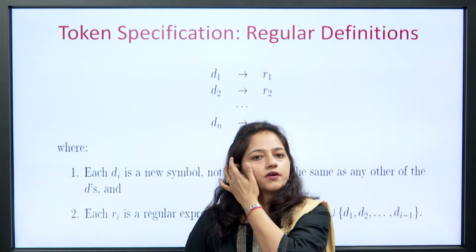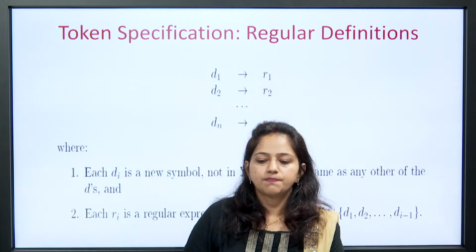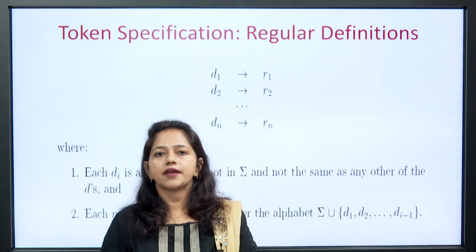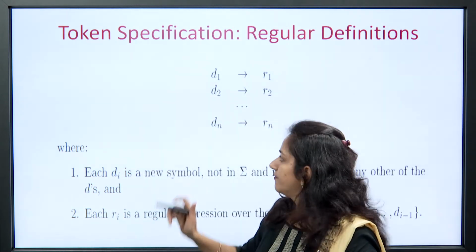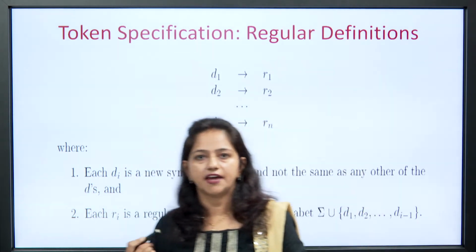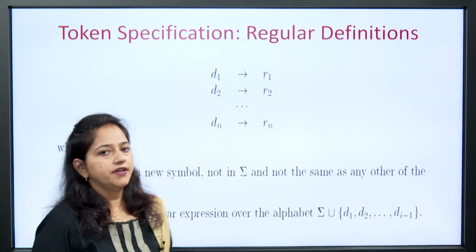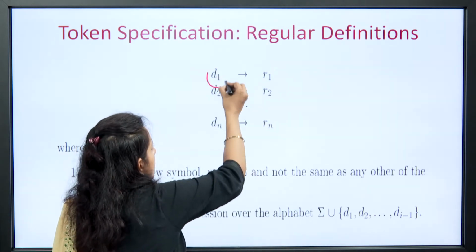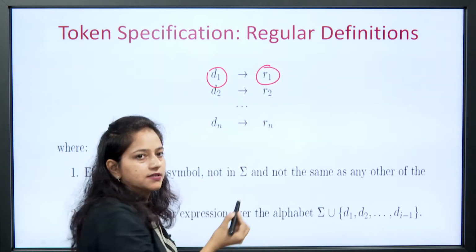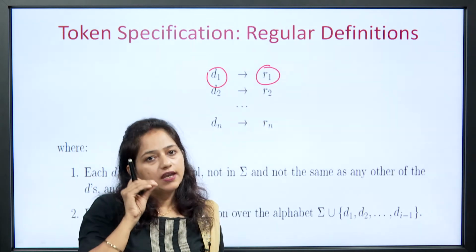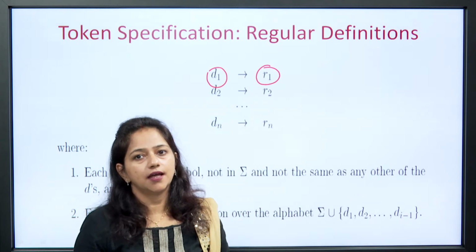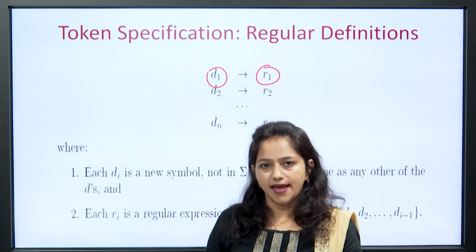Now, next is token specification. Token specification can be done using regular expressions. Here we have a set of regular definitions. Regular definitions mean assigning variables to regular expressions, and further these variables can be used in other regular expressions.